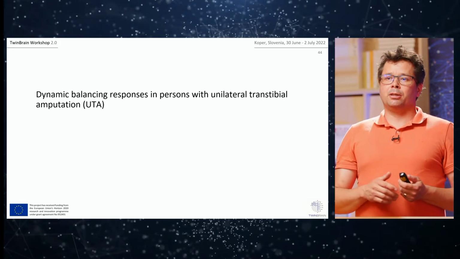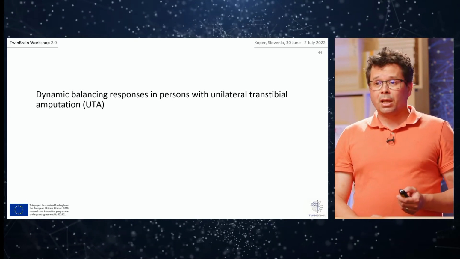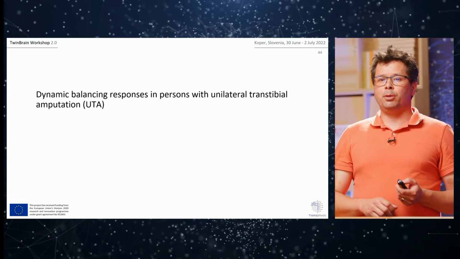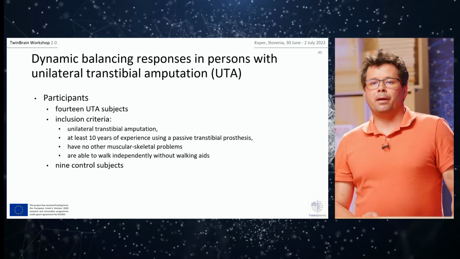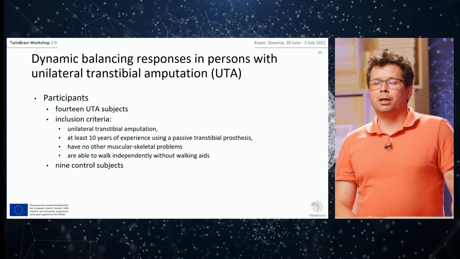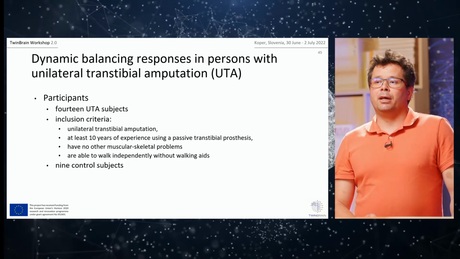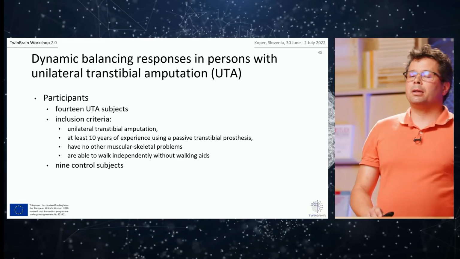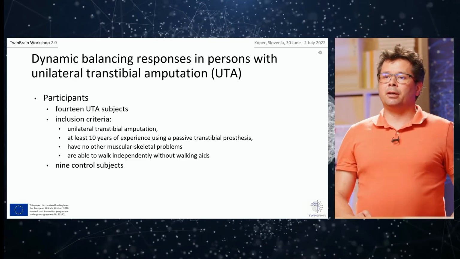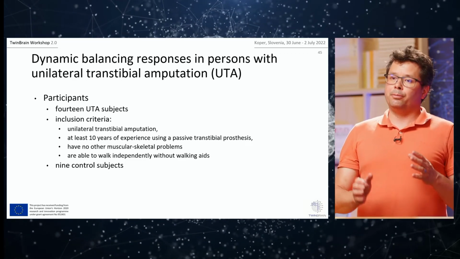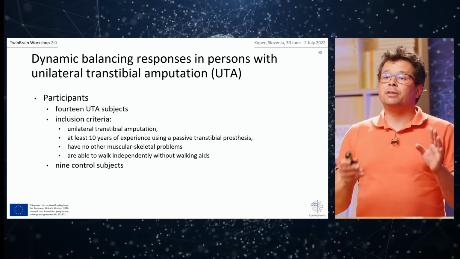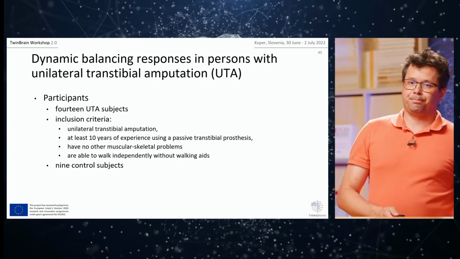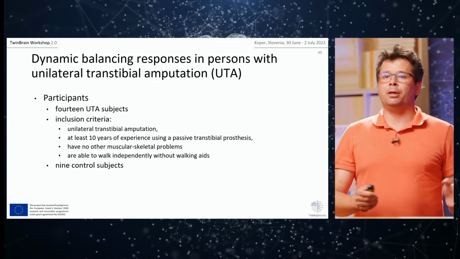So in this particular case, we focused on transtibial amputees, and we wanted to see what the responses would be to outside perturbations if they are perturbed while they are in the stance phase on their amputated or non-amputated side. So whether there are differences in the responses, which we of course expect.